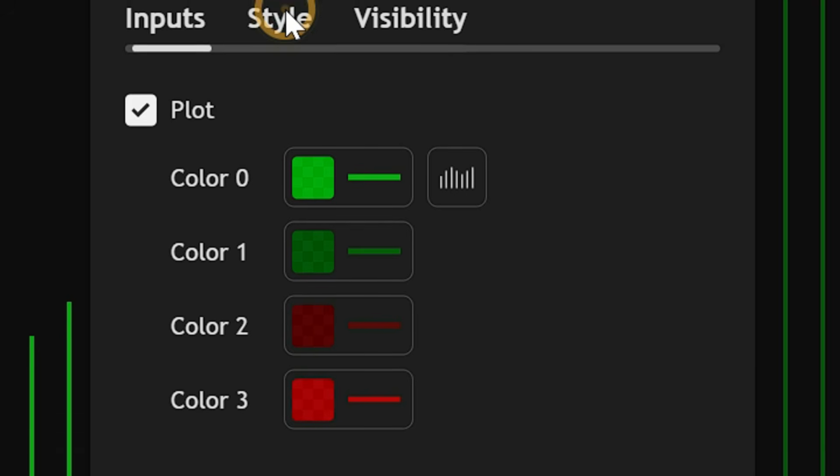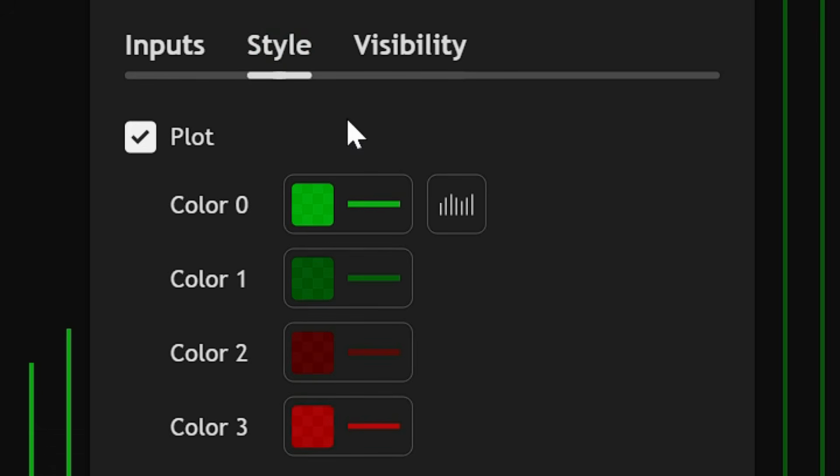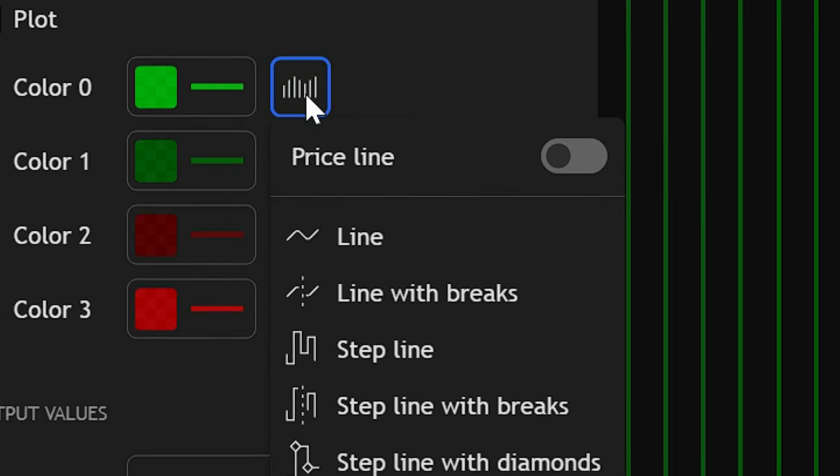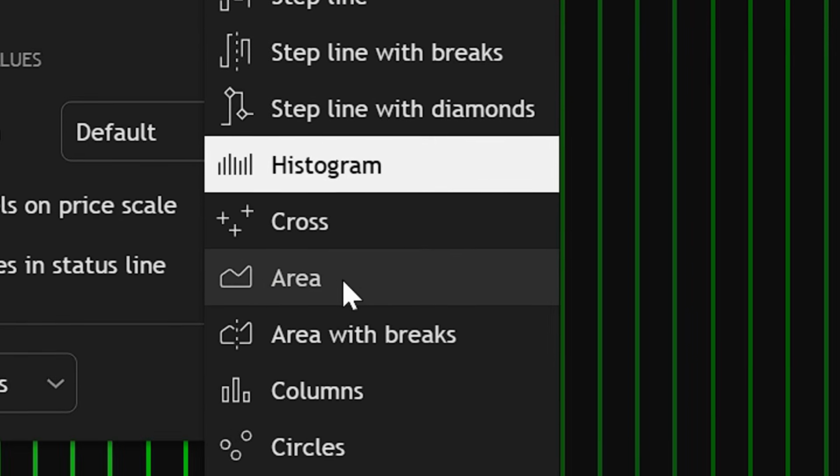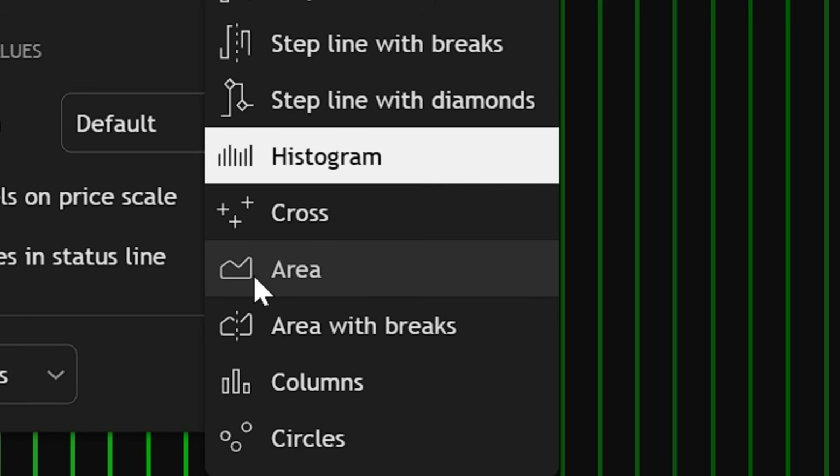Now time for some style adjustments. Head to the style tab, change the plot to area. That's so the MACD4C colors are easily seen in the chart and you can get the confirmation signals immediately.